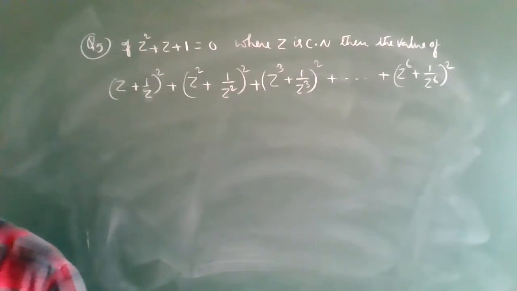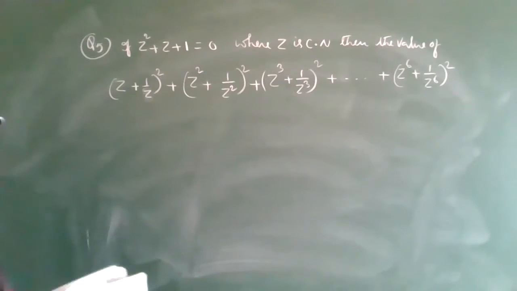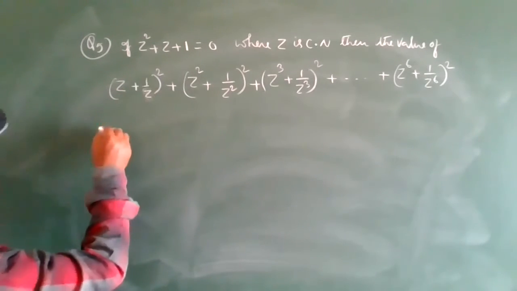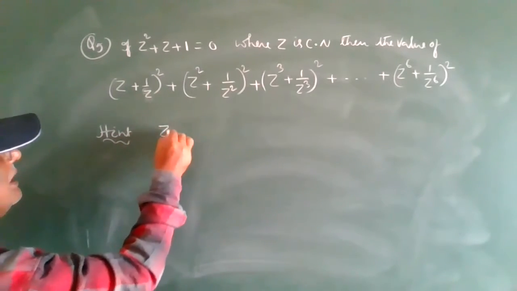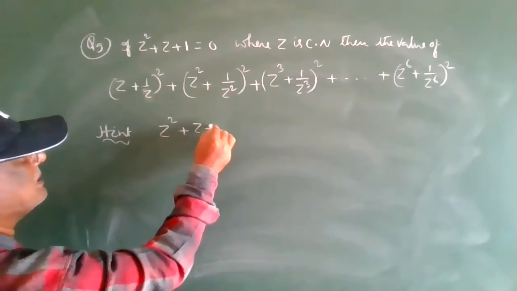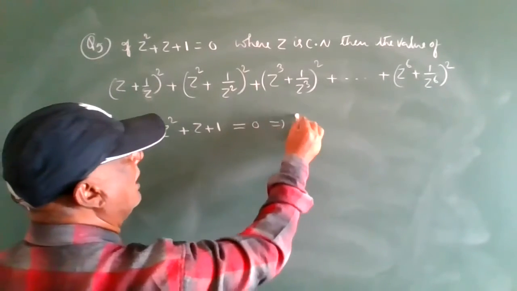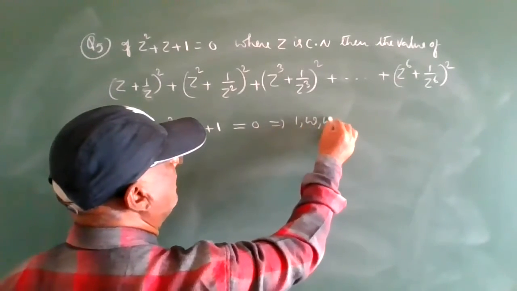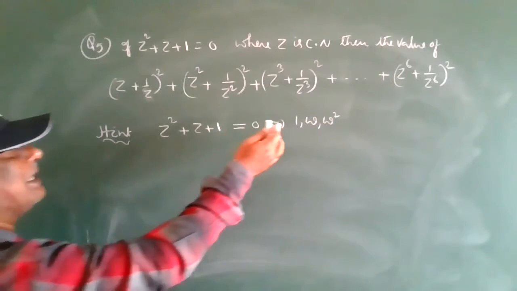Everyone observe. I'm going to write this problem in a simple manner. Any equation in the form z square plus z plus 1 has roots 1, omega, omega square, by the quadratic formula.